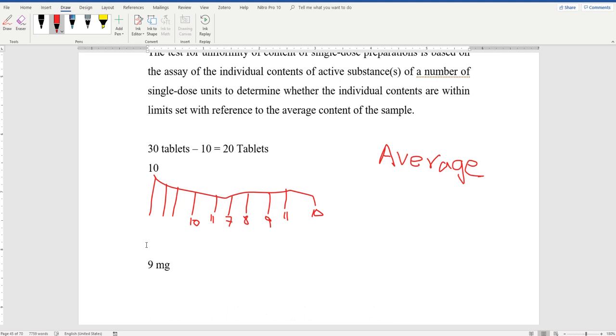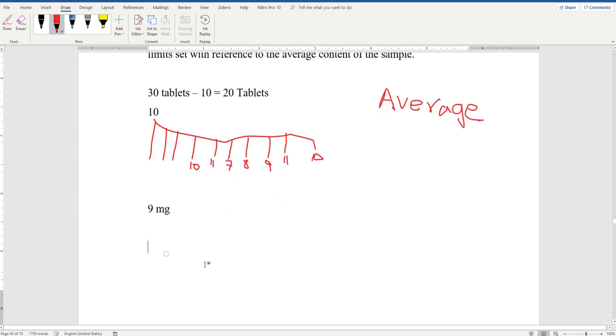Okay, this is the average. Now the variability: some of them are less than 9, some of them are more than 9. Some of them are less, like 7, some of them are more. But let's look at the results. Now the lowest one here is 7, right?